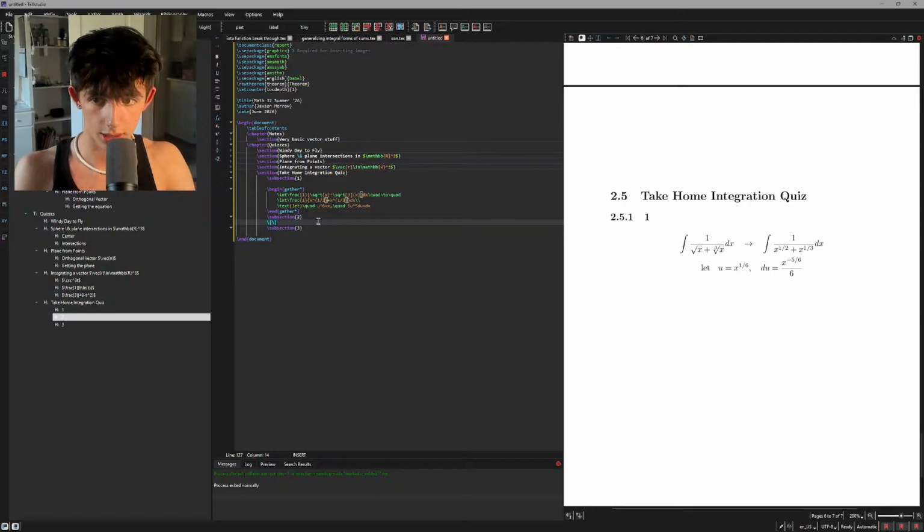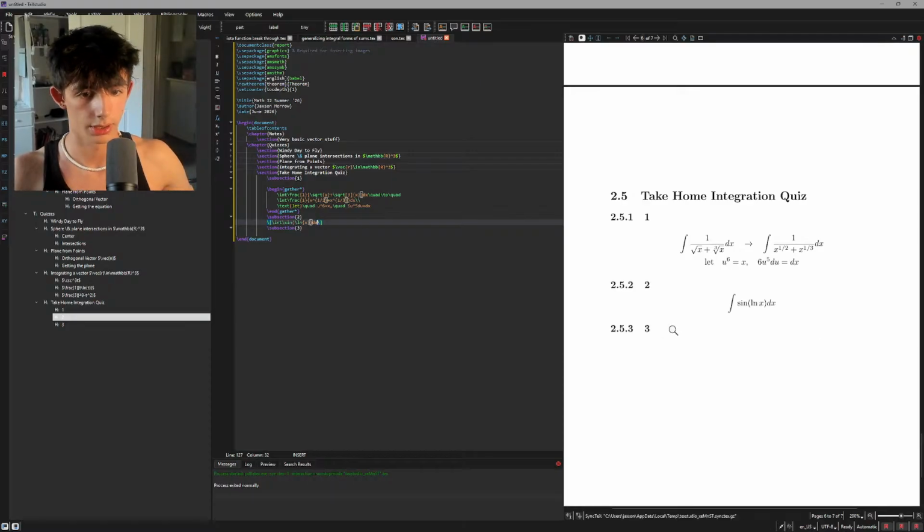The second one is the integral of sine of the natural log of x dx. That's what that looks like right there.